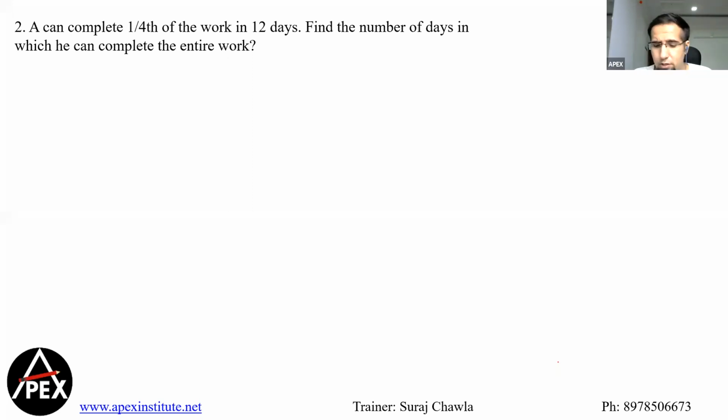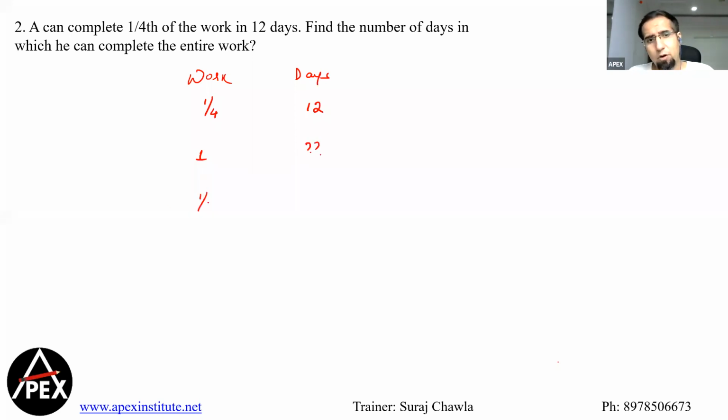It's a very simple question. So A can complete 1/4 of the work. So if I'm talking about work and days, okay. Now A can complete 1/4 of the work in 12 days. So the total work will be completed in how many days?